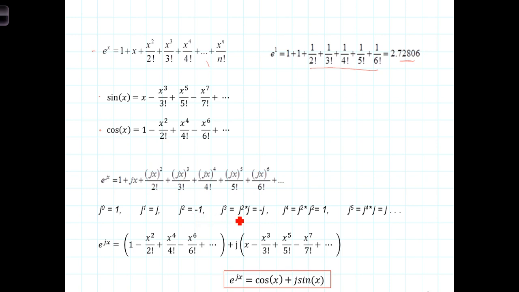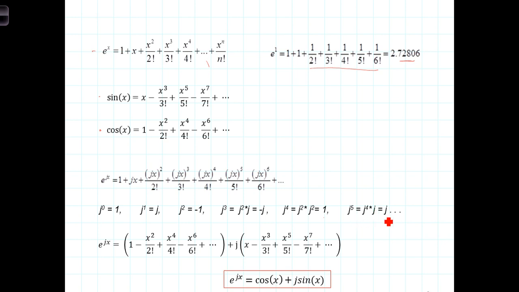J cubed, we can rewrite that as j squared times j. We just saw that j squared was -1, times j would be -j. Almost to the end. J to the fourth is then j squared times j squared, which is -1 times -1, or +1. One more step will reveal the pattern here. J to the fifth is equal to j to the fourth, which is just 1, times j.